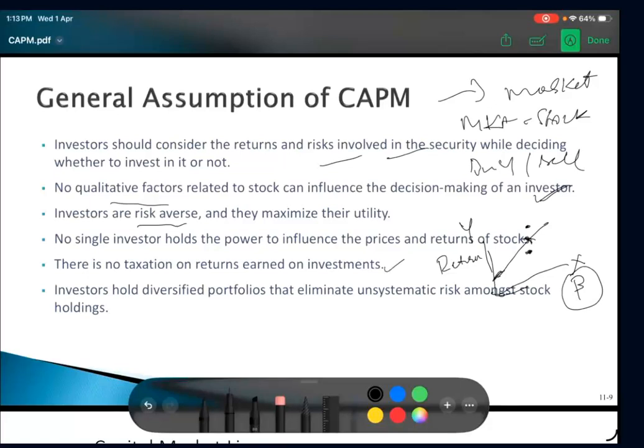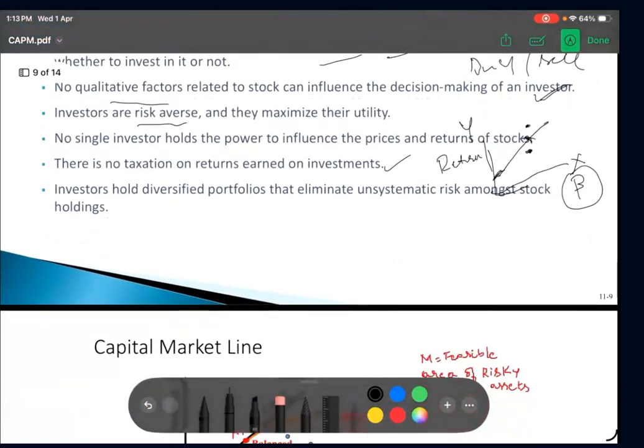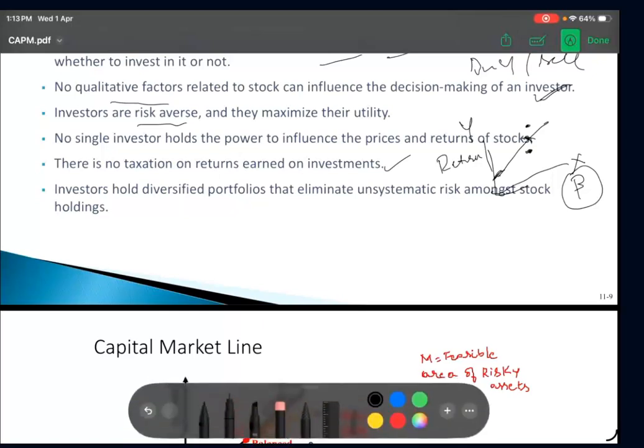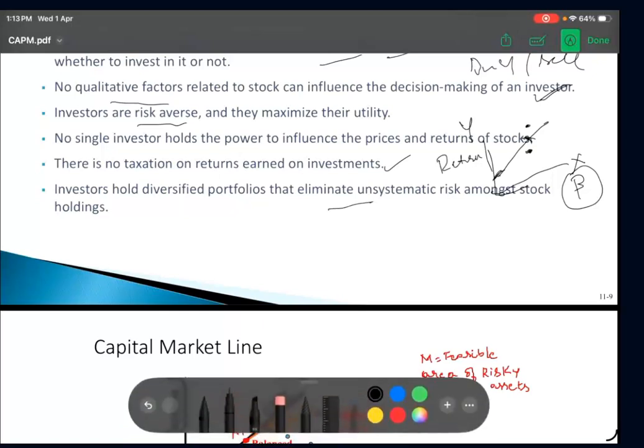And of course, the capital asset pricing model does not consider any expenses from the transaction. It could be the tax loss, or the commissions and all that. And finally, investors hold diversified portfolios that eliminate unsystematic risk among stock holdings.